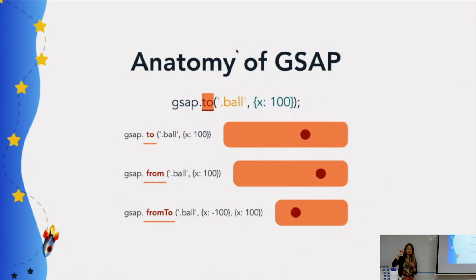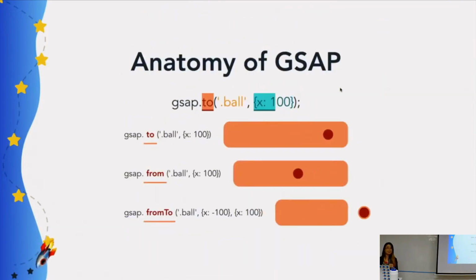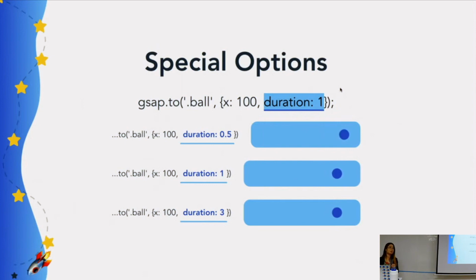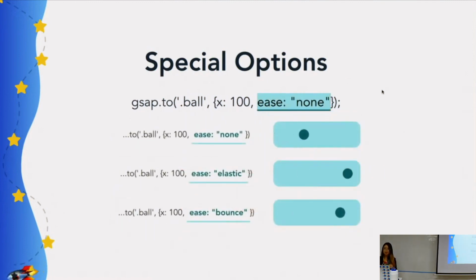These are like the bare basics of GSAP. It's super flexible. There's a ton of other stuff that you can do with it. I'm just going to speed through some other examples. So in this green section here, you can also bring in some special options. If you want to change the speed of the animation, you can change the duration. If you want to make GSAP wait for a little bit before playing your animation, you can set a delay and it will wait a few seconds before playing.